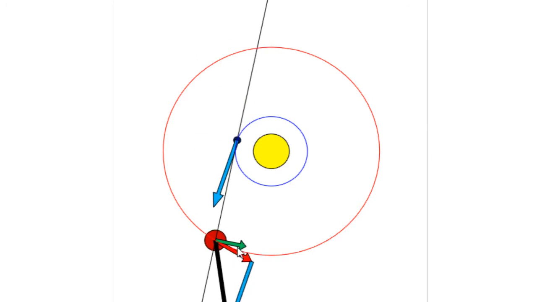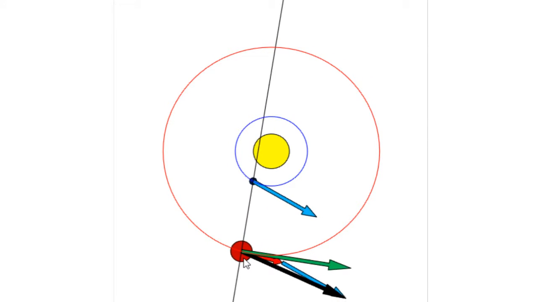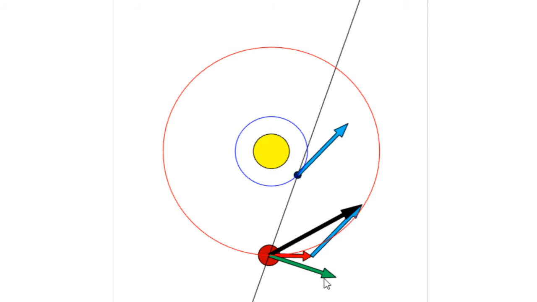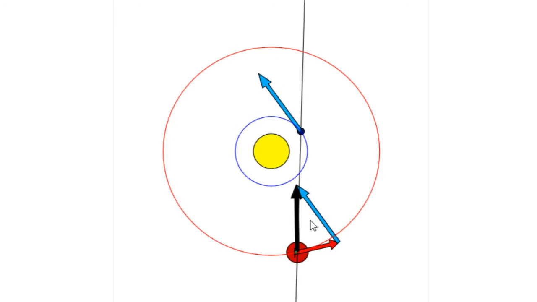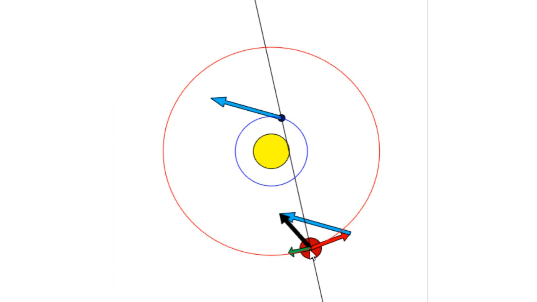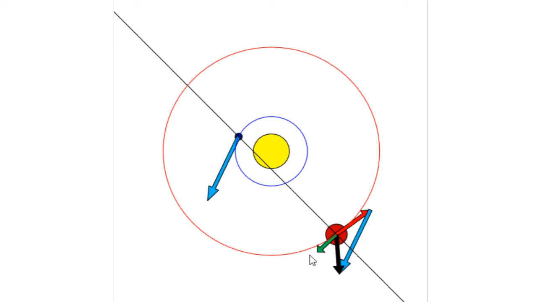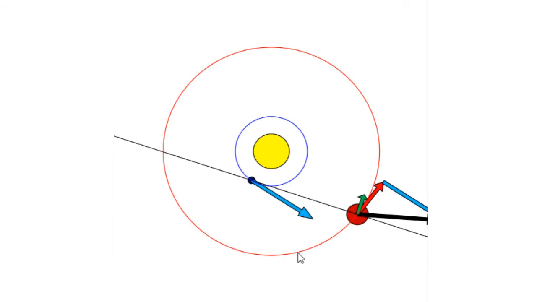Now it appears to change directions because the velocities of Earth and Jupiter add up, and we see a gigantic velocity of Jupiter. Now it starts to apparently move backwards again because the velocities subtract each other again. So that's what causes apparent retrograde motion.